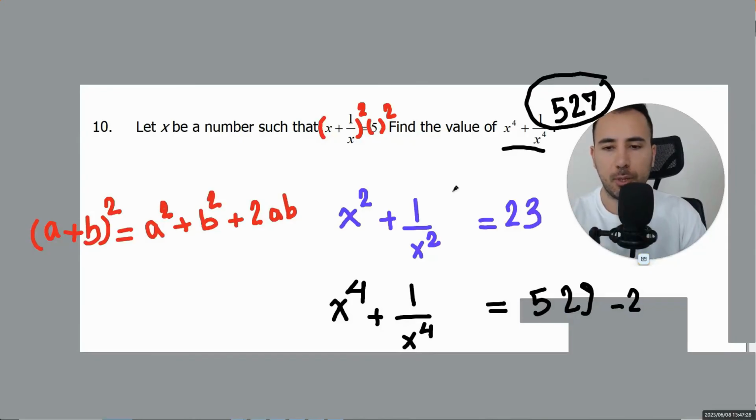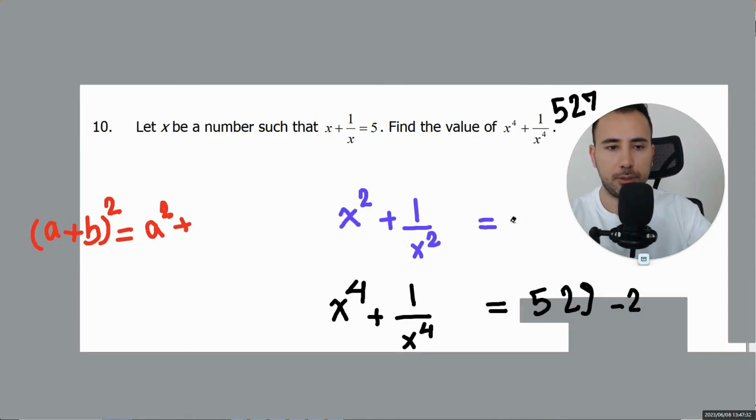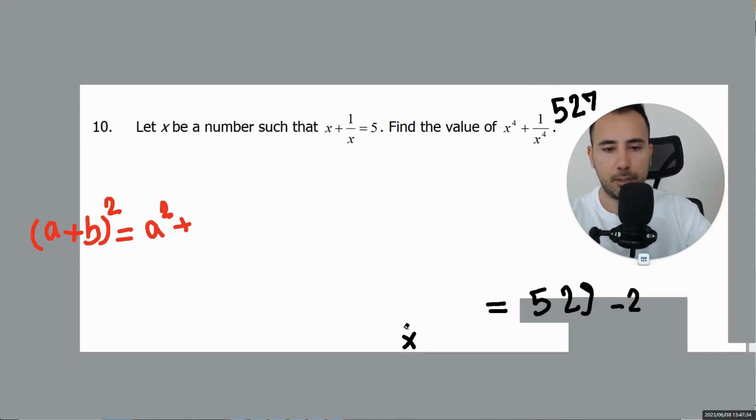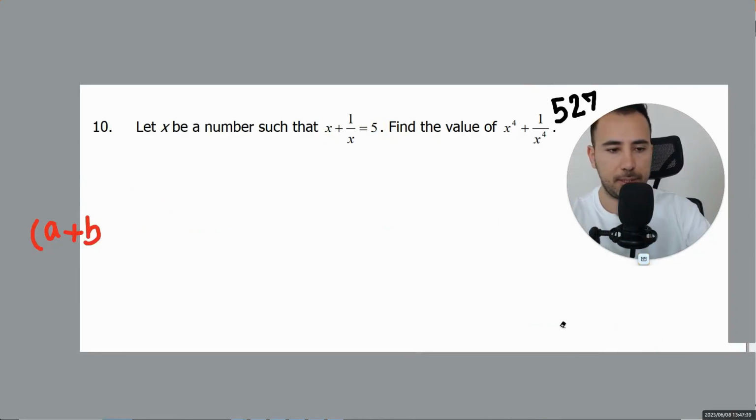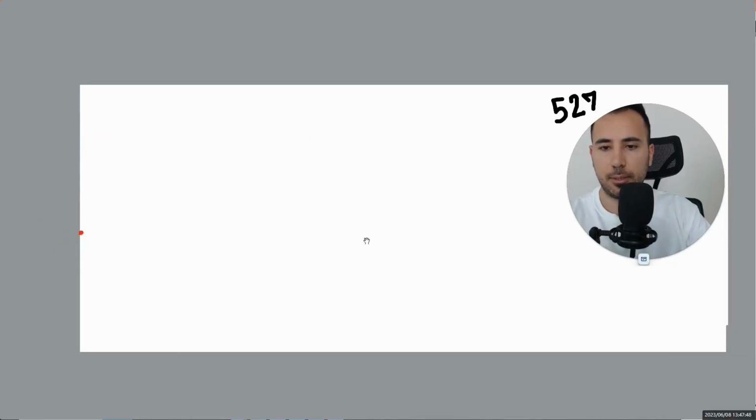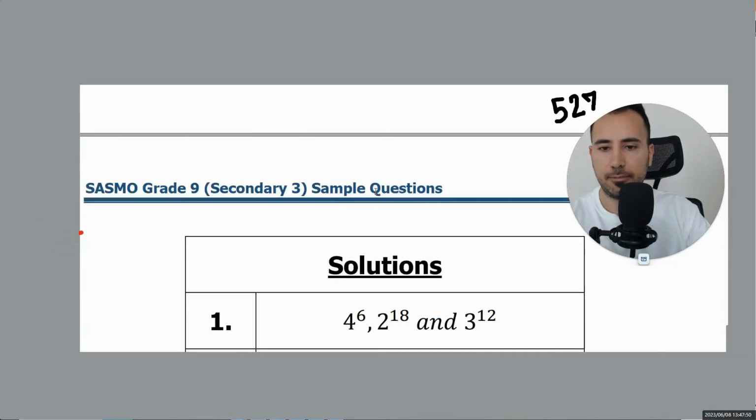Okay, so before you go, I want to show you all the solutions here, so that you would see it here in a graph. Let me just do some cleaning here. So, end of paper.